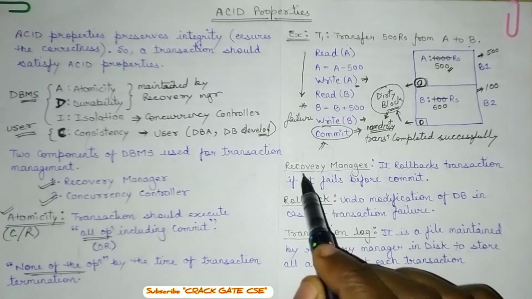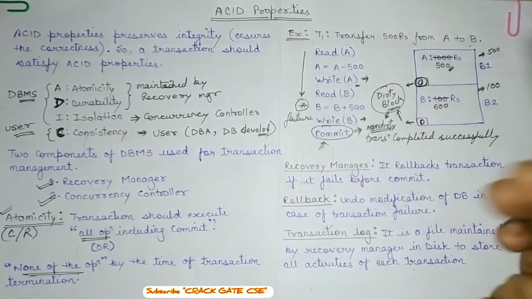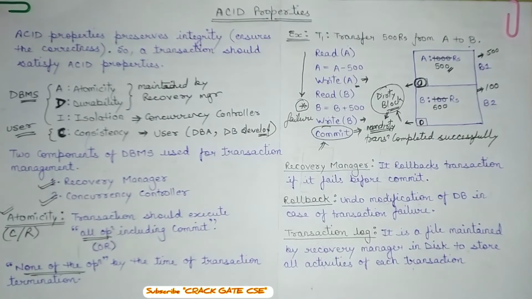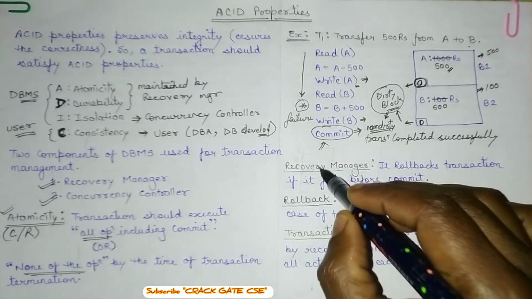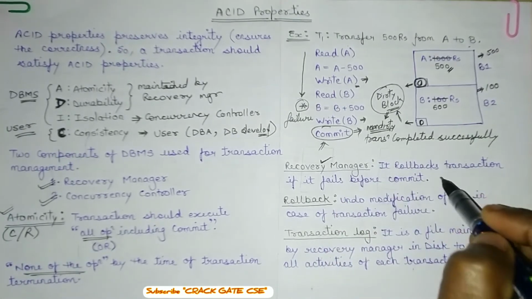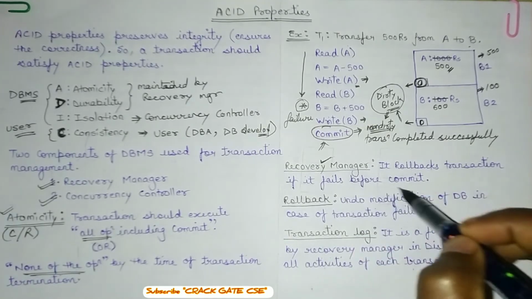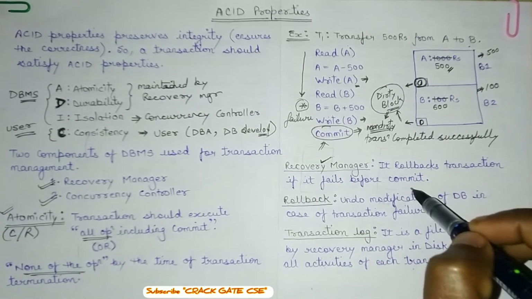So now the recovery manager: whenever we get any failure, the rollback needs to be performed. Who performs that rollback? The recovery manager. The recovery manager is the component which is responsible to roll back the transaction if there is any failure before the commit operation.